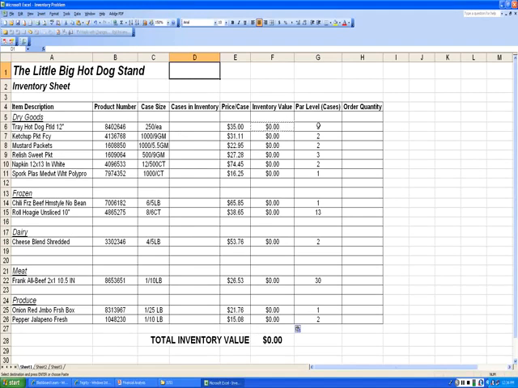So we need 3 cases to be able to make sure that we have enough product to get to our next delivery. And as we go through this, I'll explain the par levels a little bit more. And then the last one is our order quantity, and that's going to tell me how many I need to order. So that's going to be what I actually put on my requisition form.